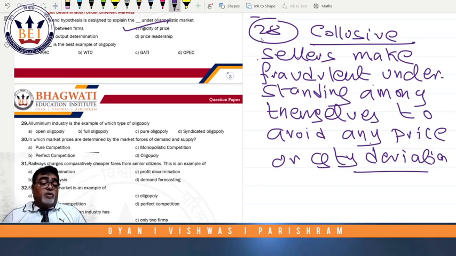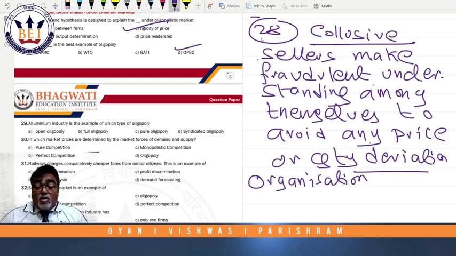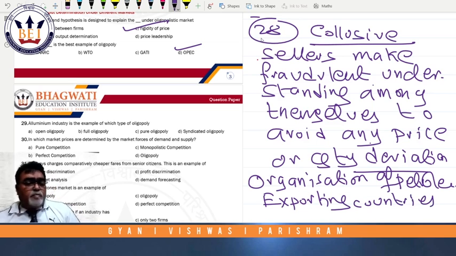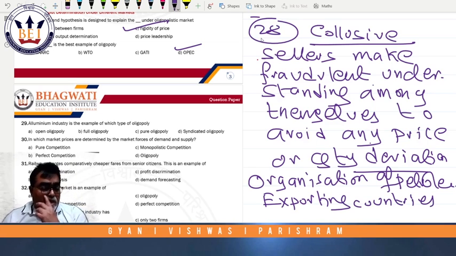Under collusive oligopoly, one brilliant example is OPEC. OPEC means Organization of Petroleum Exporting Countries, everyone knows that, because all over the world OPEC determines the fluctuations and price changing of petroleum products.